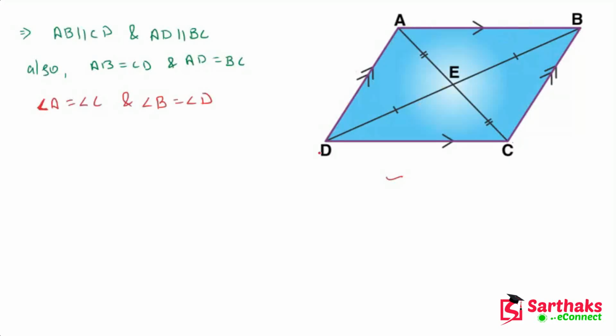We know that AB is parallel to DC, and AD is the transversal, and these two angles are supplementary, because the sum of these two angles is 180 degrees.